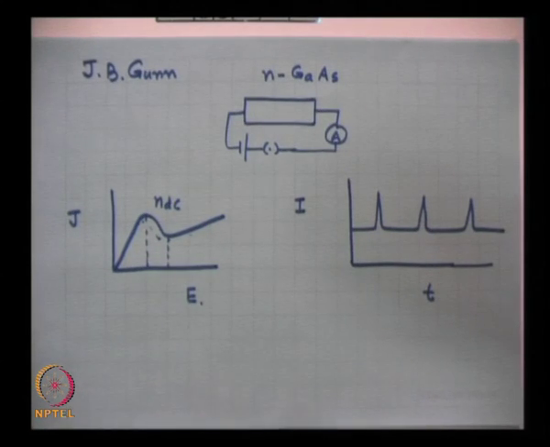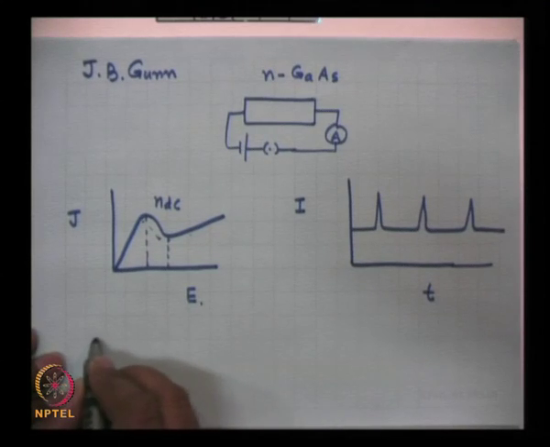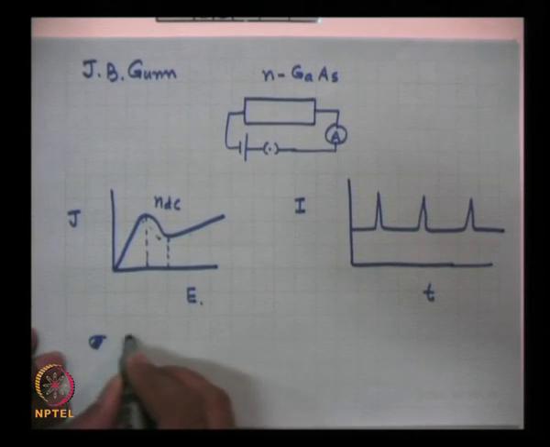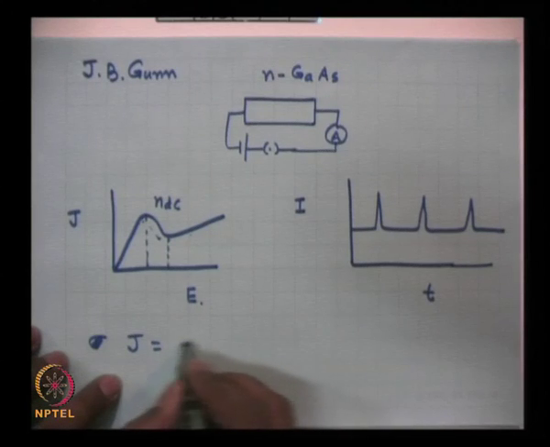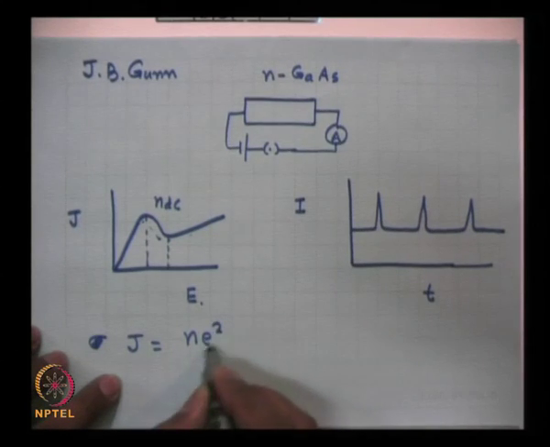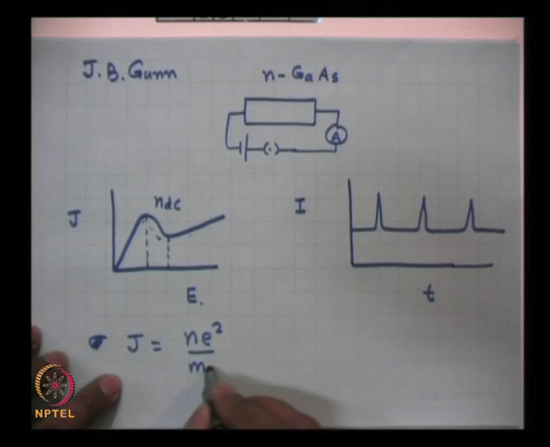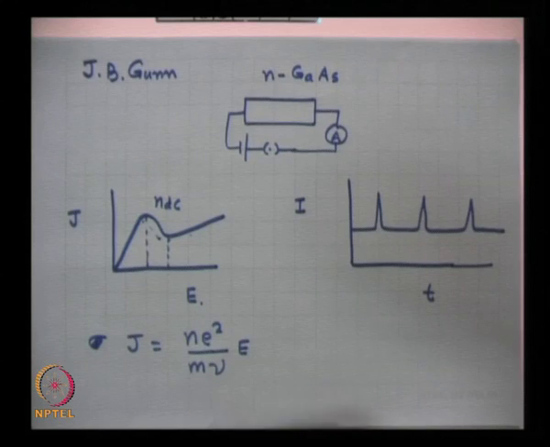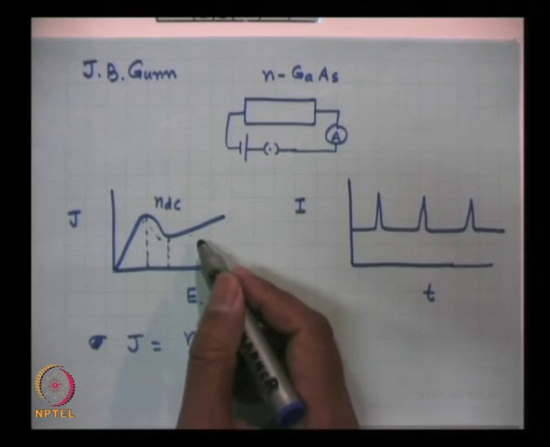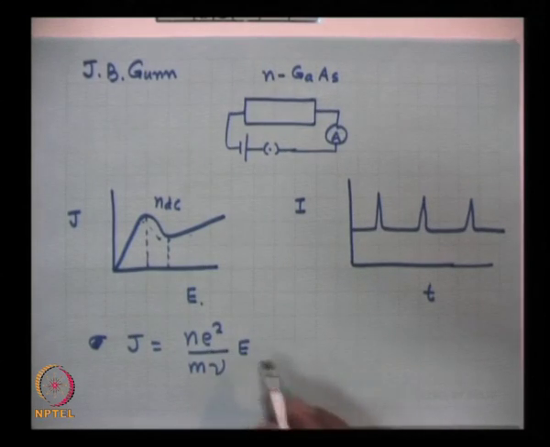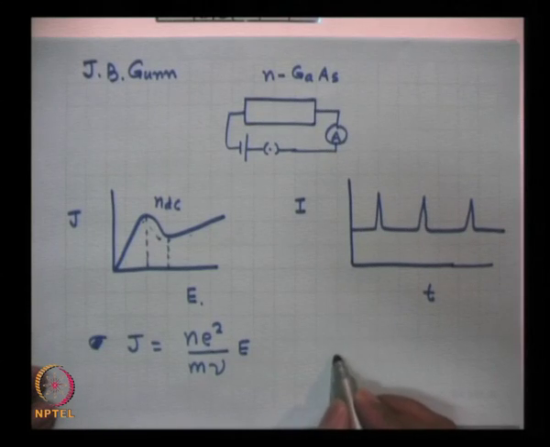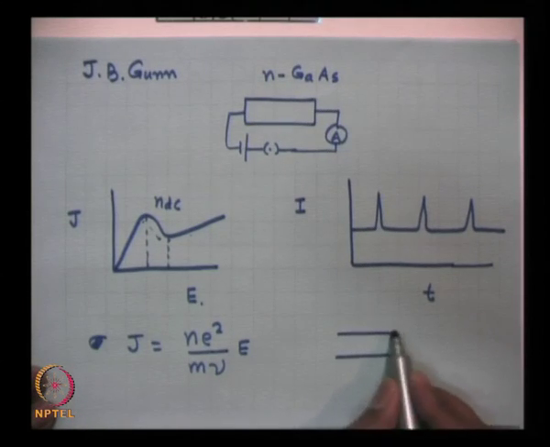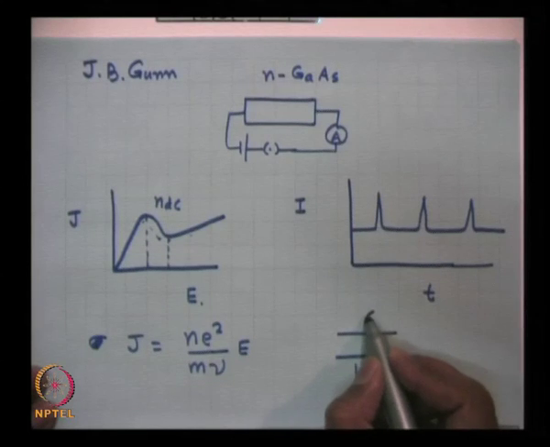What happened? You just look at the expression for conductivity, or rather J equal to sigma E, and sigma is n e square upon m into nu into electric field E. The answer to this puzzle lies in this equation. Here mass is a quantity in gallium arsenide. The electrons have two bands here, one is called the valence band and the other the conduction band.